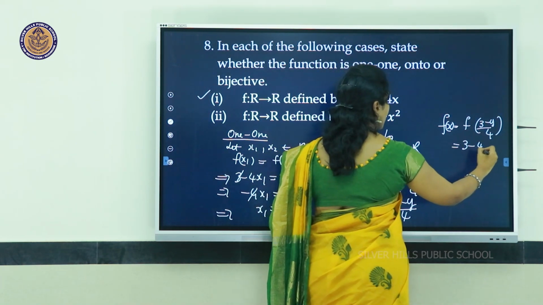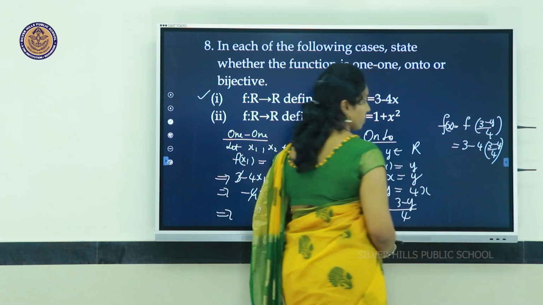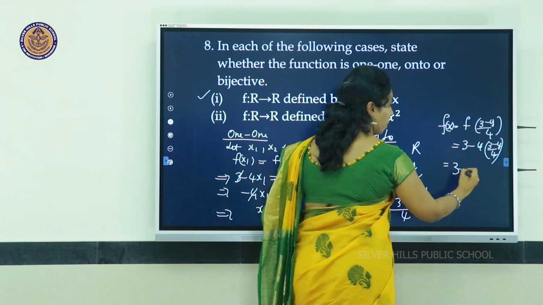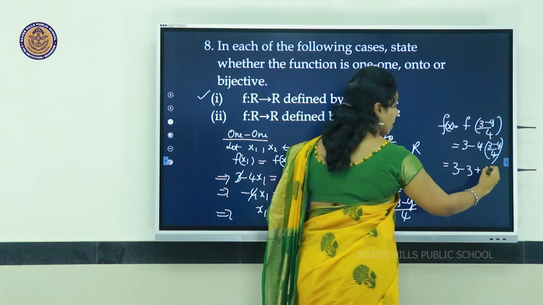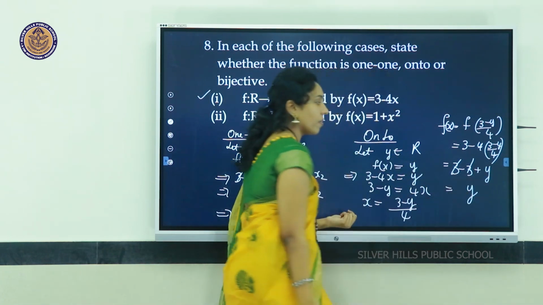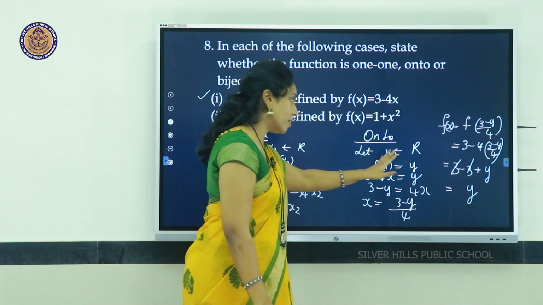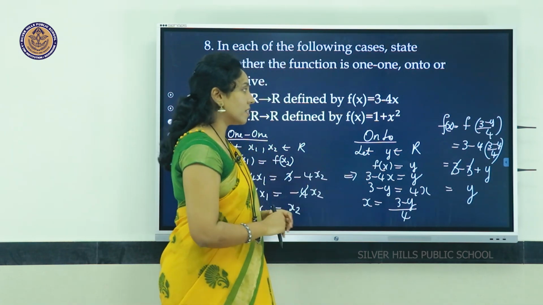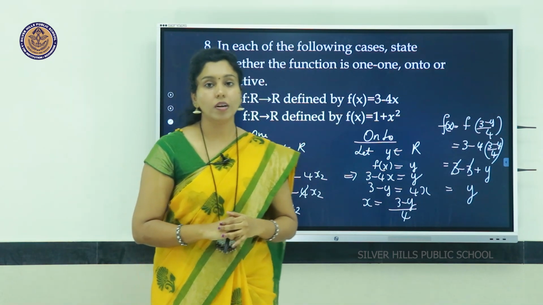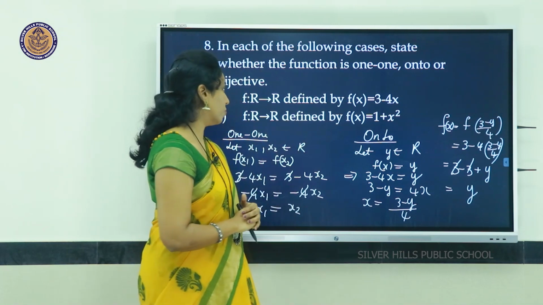So, 3 minus 4 into (3 minus y) by 4. 4 and 4 get cancelled. Now, let us open the bracket. 3 and minus 3 goes and we got the answer as y. So, for every y in the second set, you got an x such that f of x is equal to y. So, we proved the given function is 1 1 and onto.